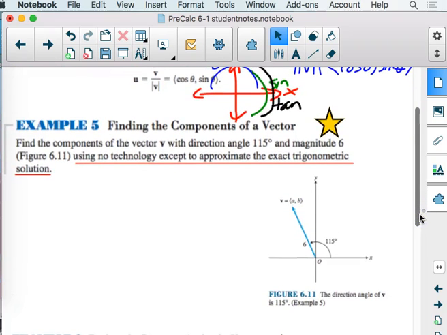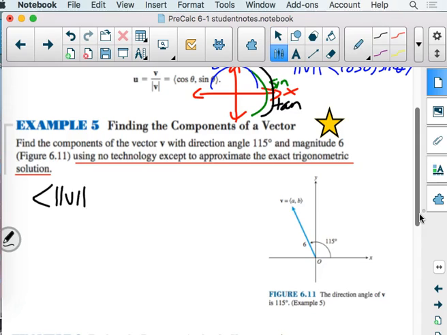It says, find the components of vector v with direction angle 115 degrees and magnitude of 6, using no technology except to approximate the exact trigonometric solution. Well, take a look at it there. That doesn't look too bad. I mean, they gave us the formula, so let's use it.